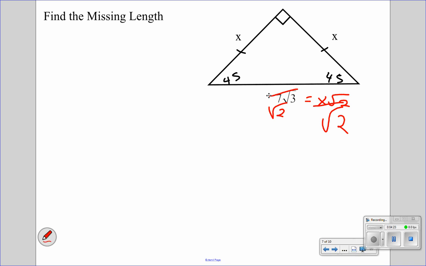We're going to divide by the square root of 2. So we get 7 square roots of 3 over the square root of 2 equals x. We do have to rationalize our denominator, so we're going to multiply by the square root of 2 over the square root of 2. 7 square roots of 6 over 2 equals x.